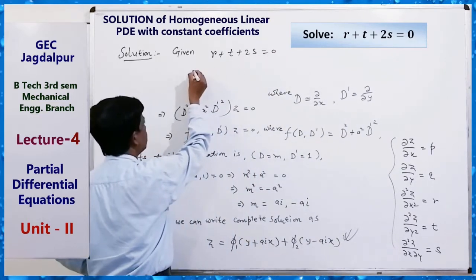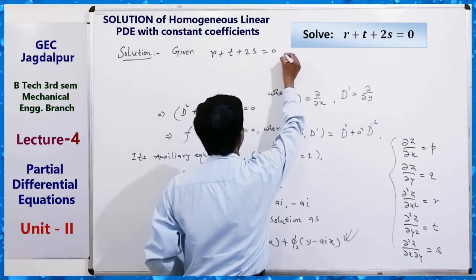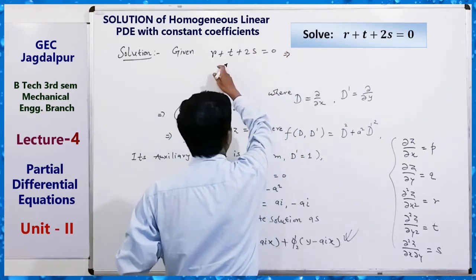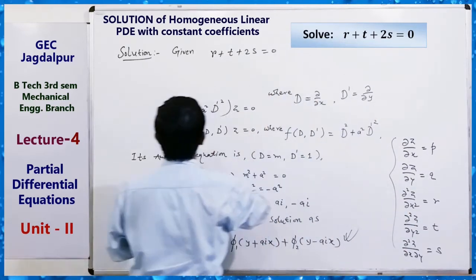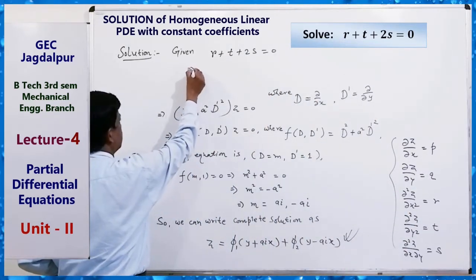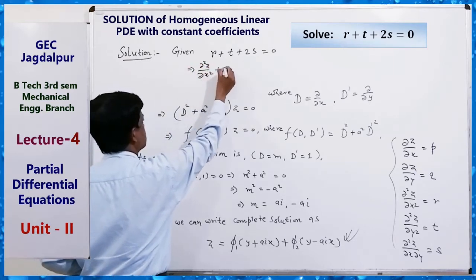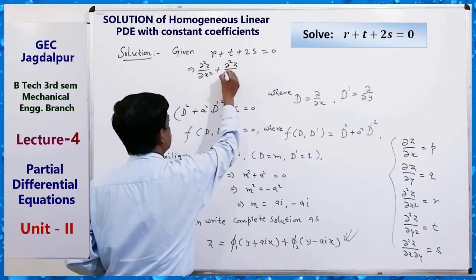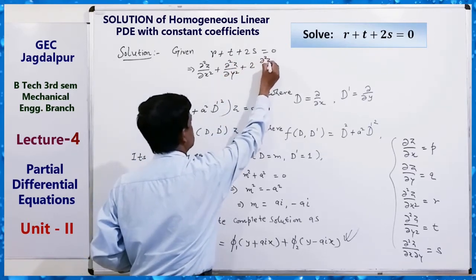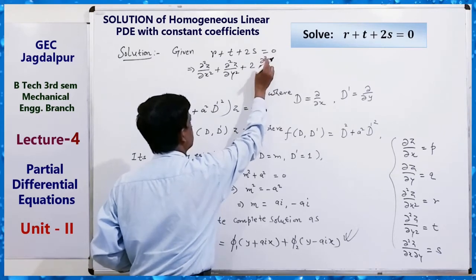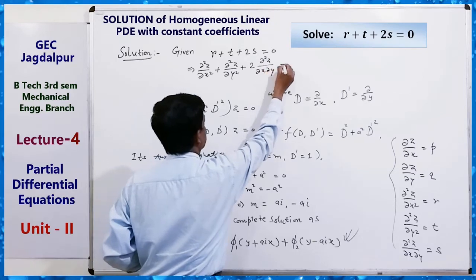That is, we can write ∂²z/∂x² + ∂²z/∂y² + 2 ∂²z/∂x∂y equals 0.